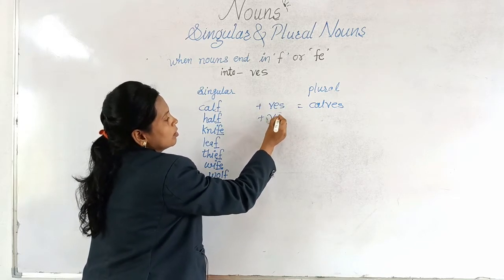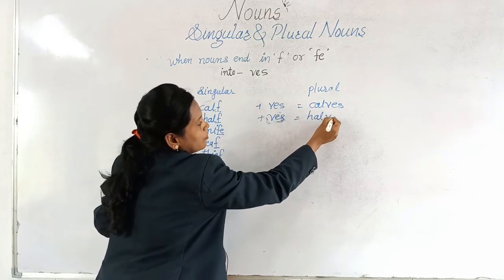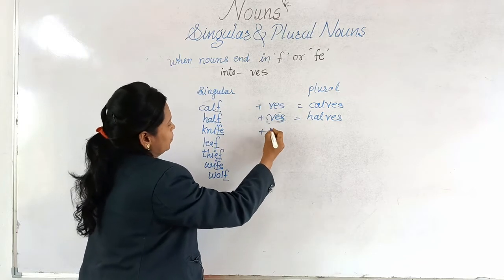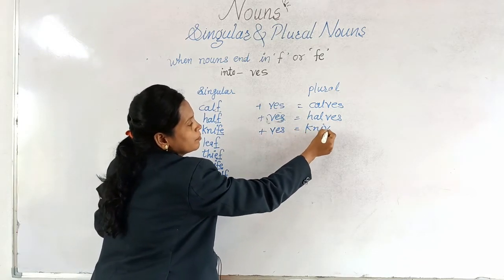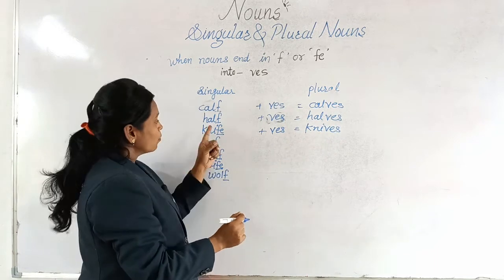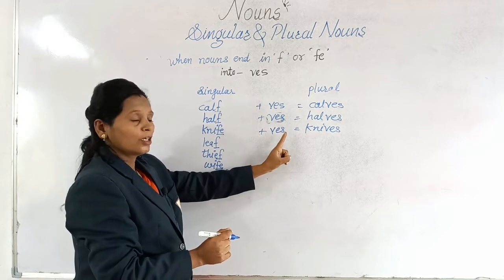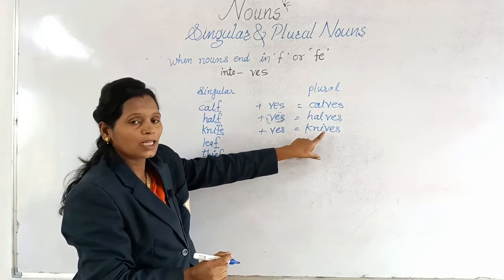Then knife, knives. We have to drop the FE letter and add VES, then it becomes the plural knives.